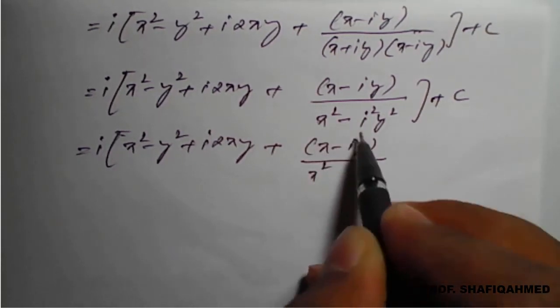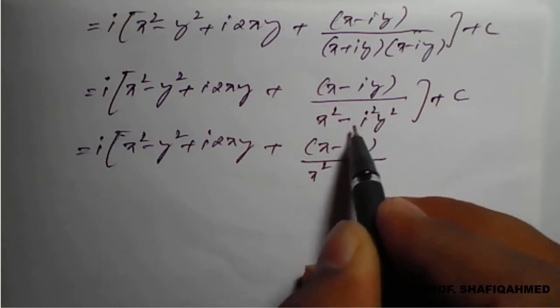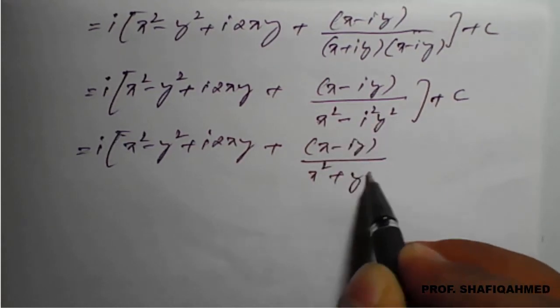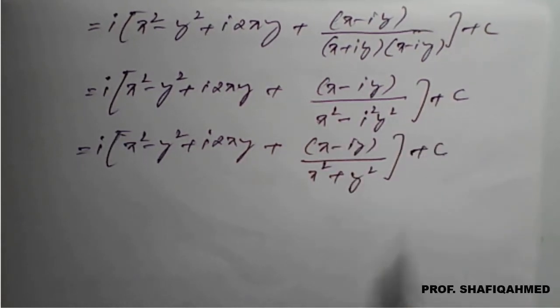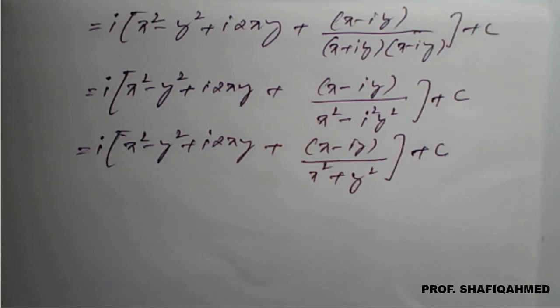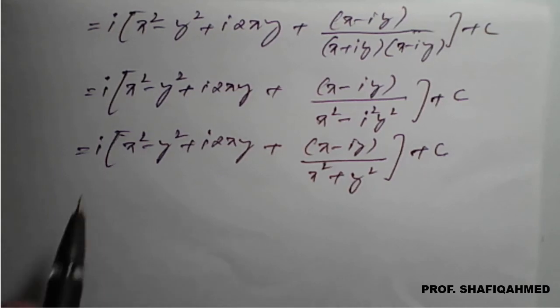So x² − i²y²: i² is nothing but minus, and that minus becomes plus, so y² plus c. Again we have to go for the finalization of this.